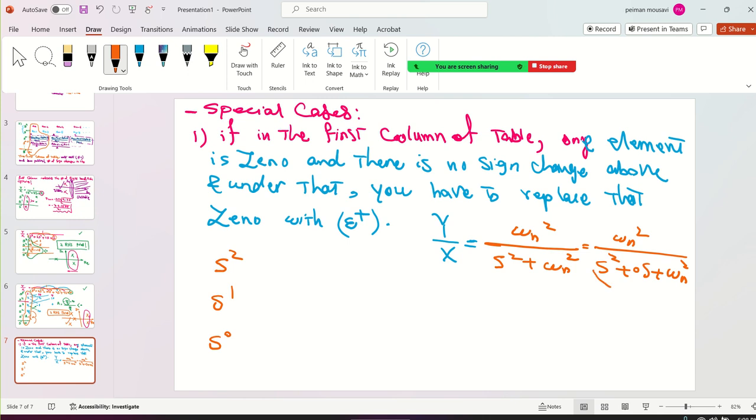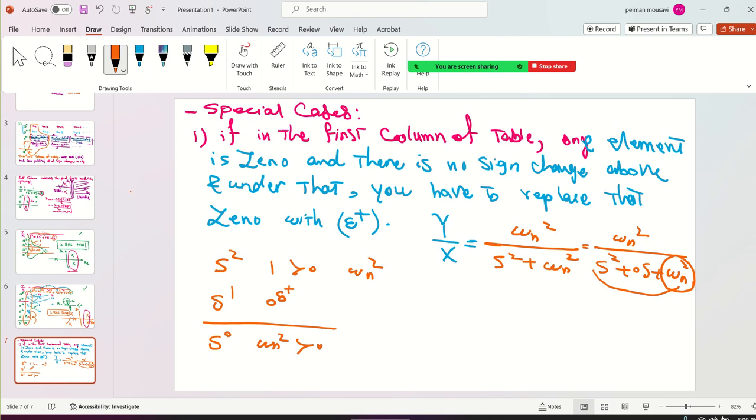So it's going to be 1, omega n squared, here is 0. And then the last line, you know, is constant, natural frequency squared. Obviously, this is positive and this is positive. You can replace it with epsilon plus. You're going to tell me what's the point. This is very trivial. I just want to show you.